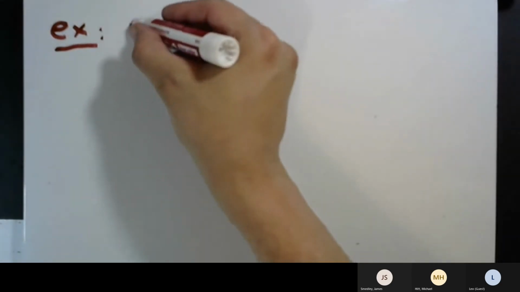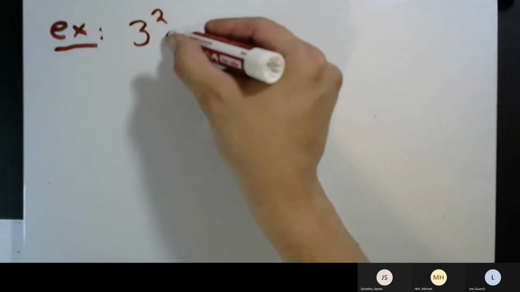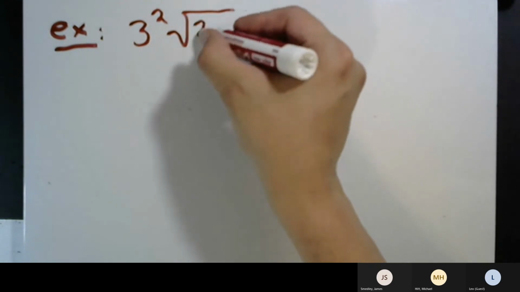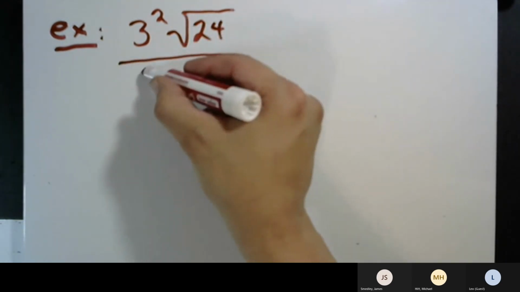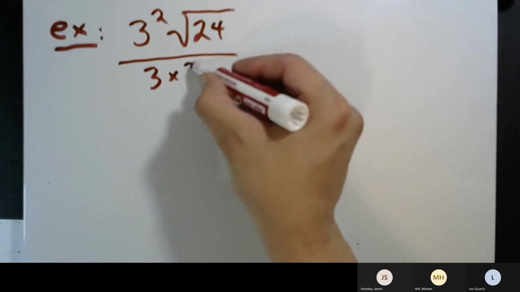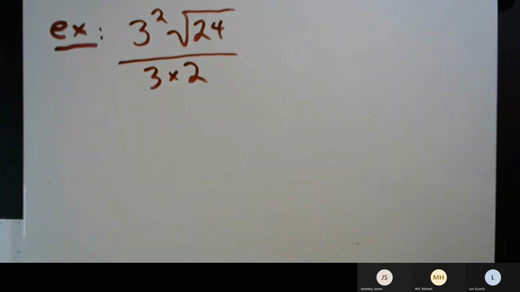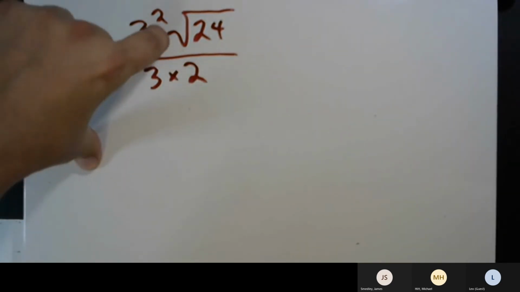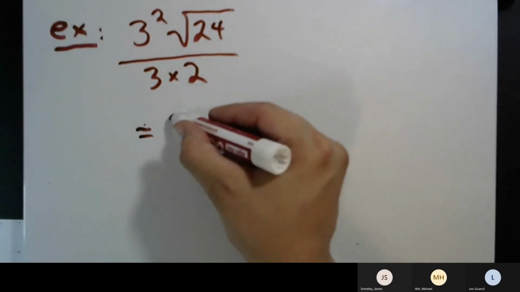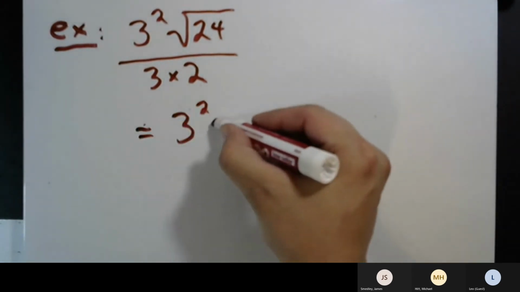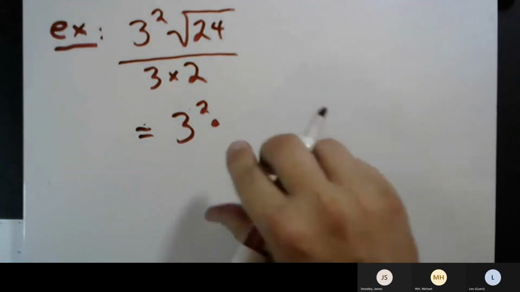Let's say we have this. Now again with this, when you've got something in front of a square root, there's an invisible multiplication sign. You could use an X or a dot.